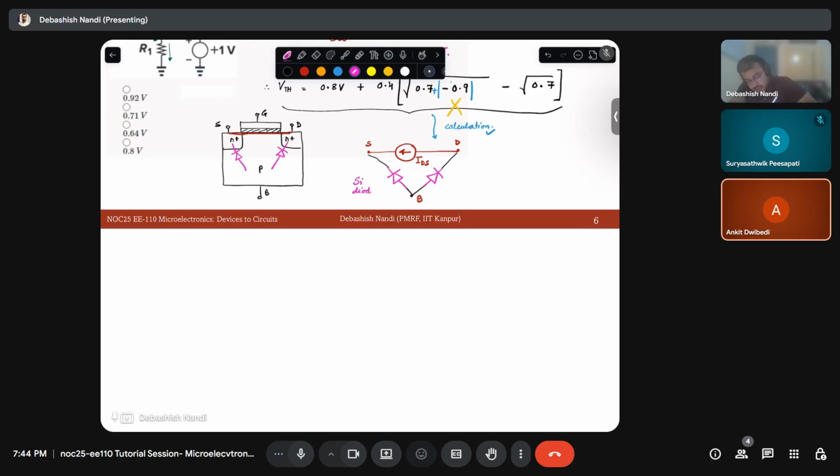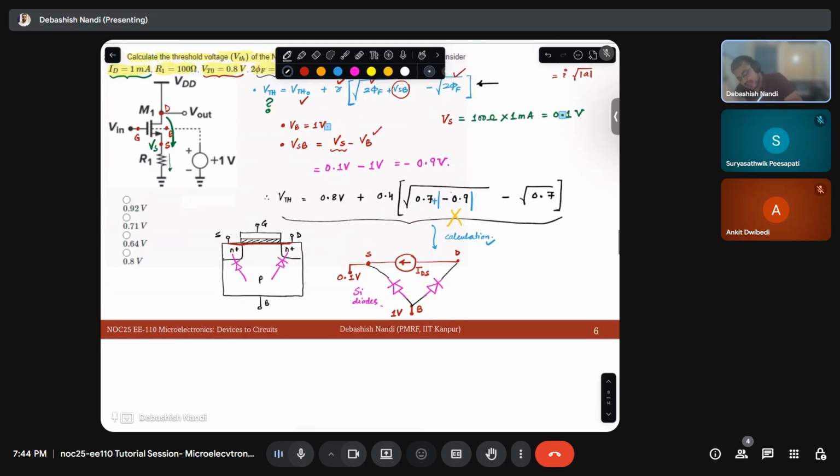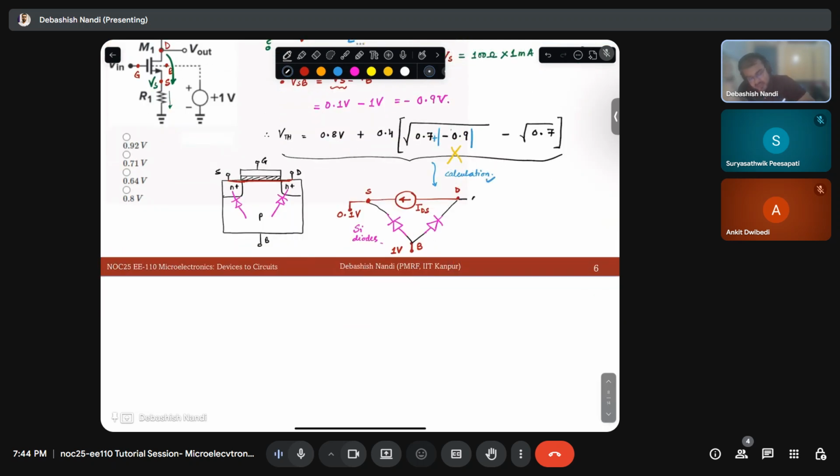Now assume a condition that your source is at 0.1 volt. You have increased your body voltage to be 1 volt, right? And let's say your VDD is very high. VDD is generally around 2 to 3 volt. For NMOS, the drain has to be connected to the highest potential, right?